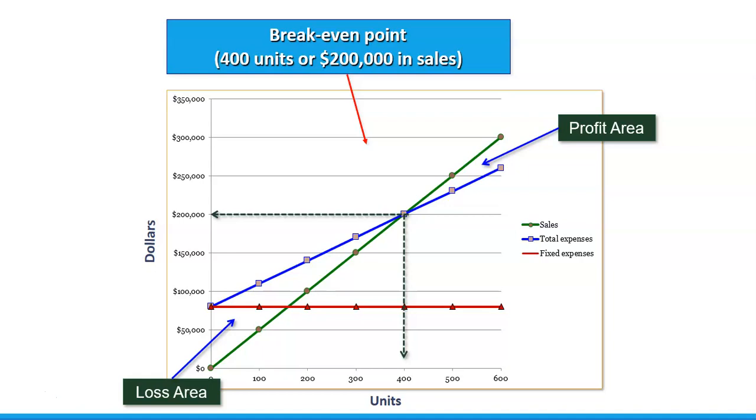Anything below the break even in units, we operate at a loss. And anything above the break even in units, we have a positive profit. So this is an example of a CVP graph where we look at sales versus total expenses and fixed expenses.